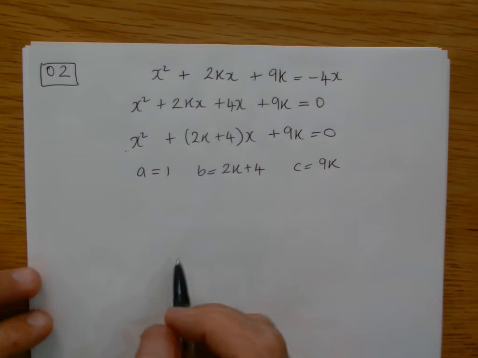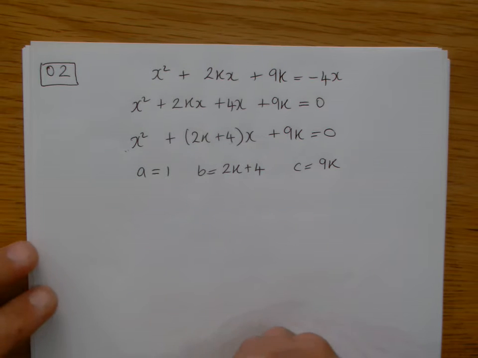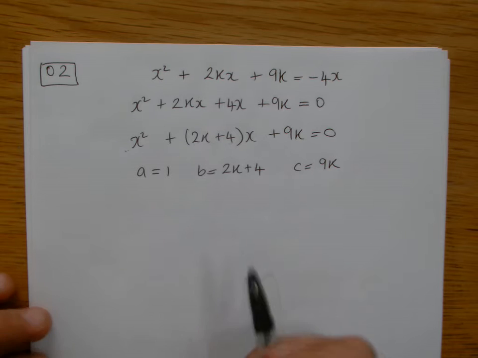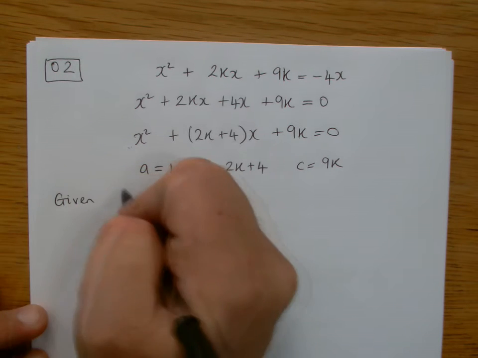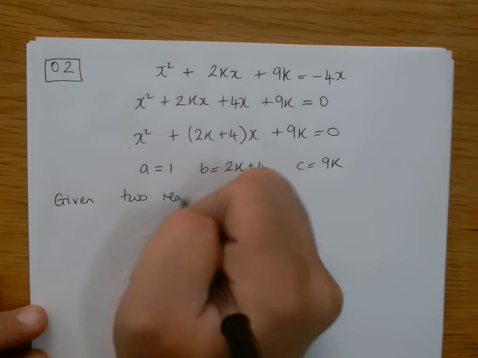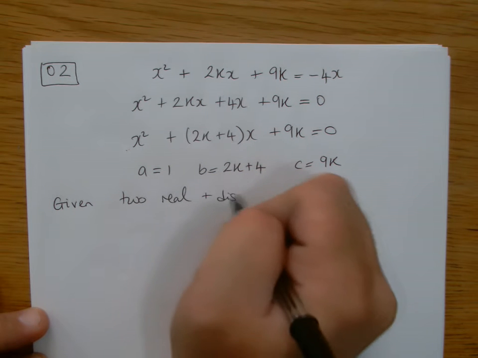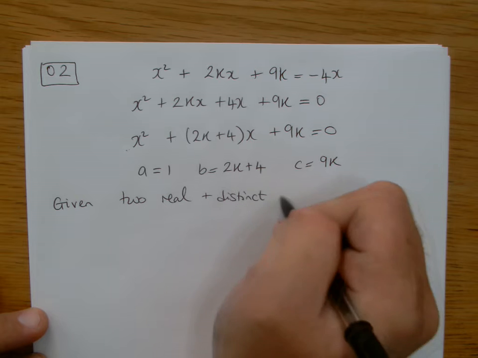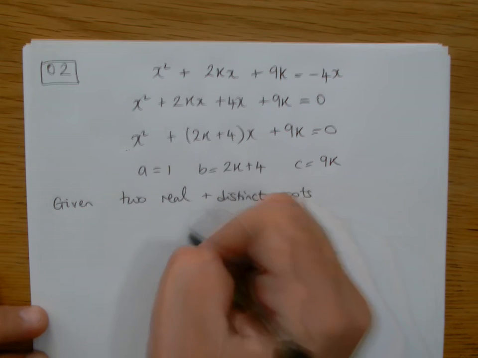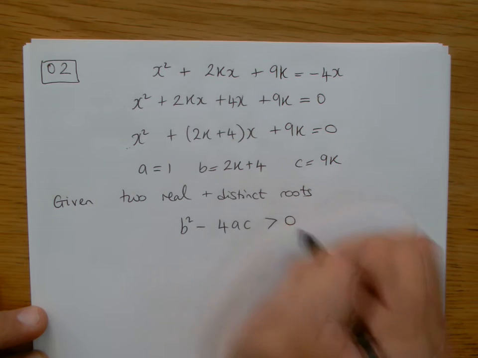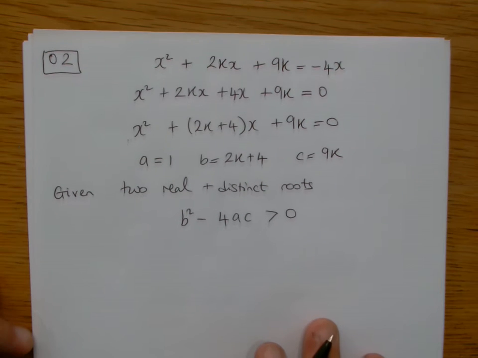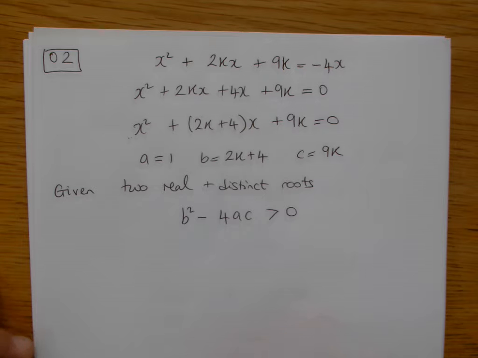Okay, so read the question, and it does say two distinct real roots. So given that we've got two real and distinct roots, they're real roots but they're also distinct, they're also different, we can say that this is true: b squared minus 4ac is greater than 0.